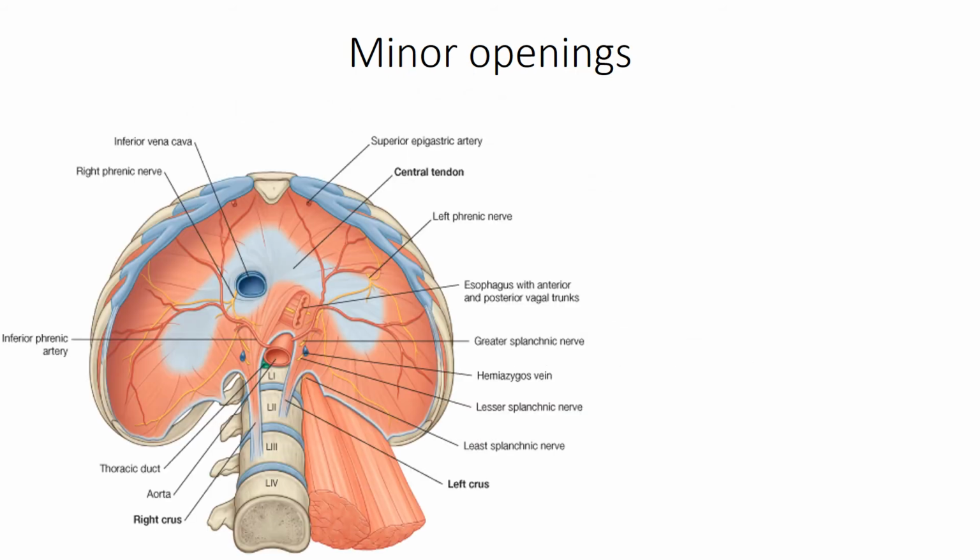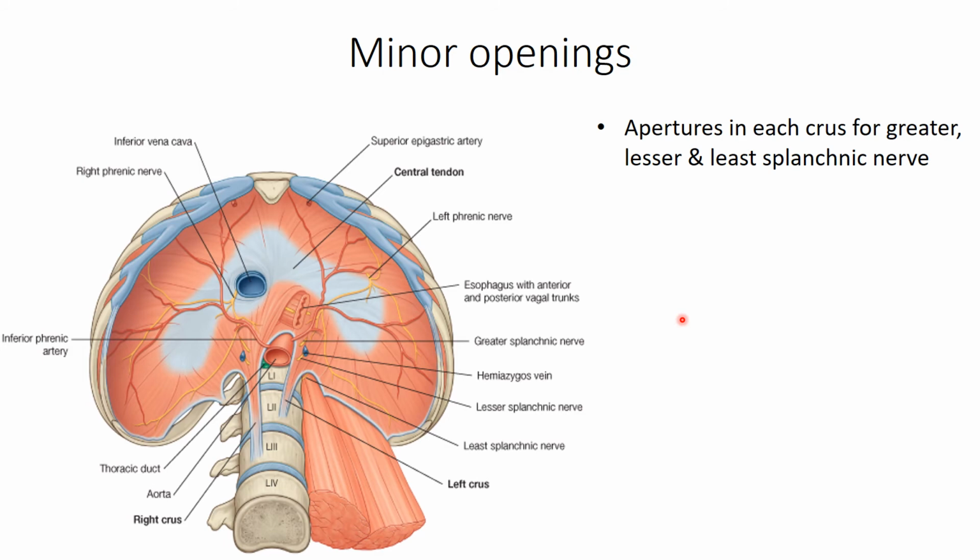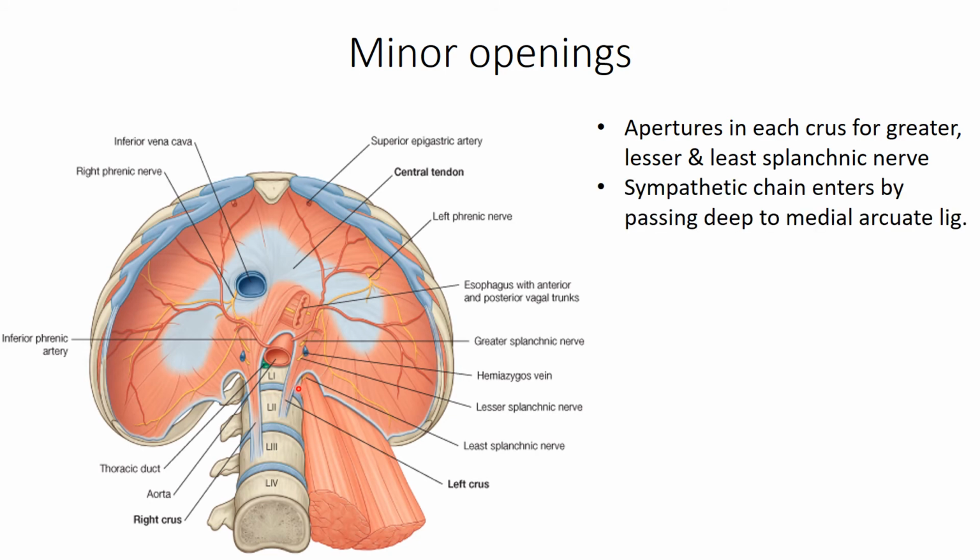Now there are several minor openings in the diaphragm. They are openings for the passage of the greater, lesser and least splanchnic nerves in each crus of the diaphragm. Then the sympathetic trunk enters by passing deep to the medial arcuate ligament.